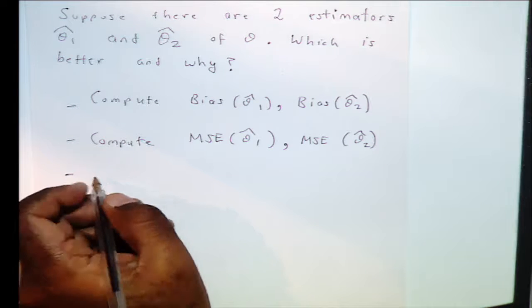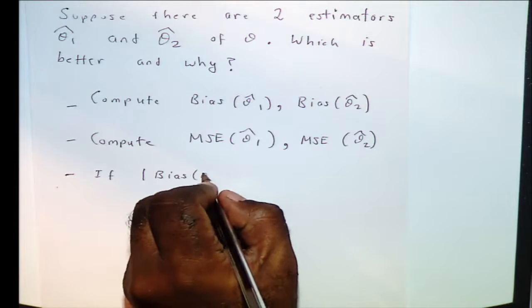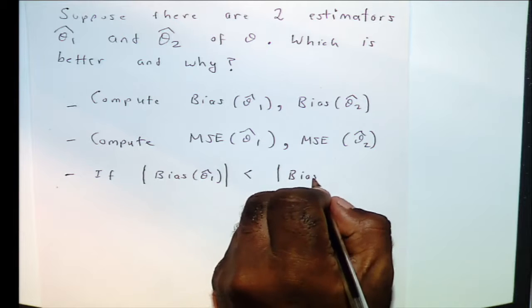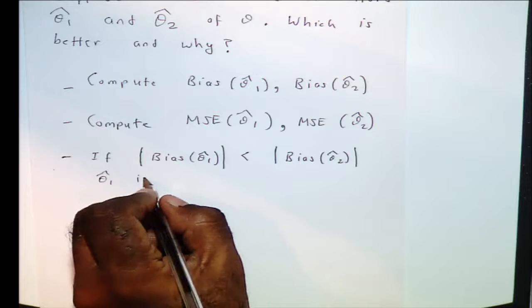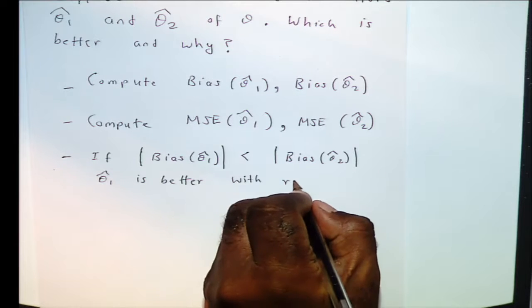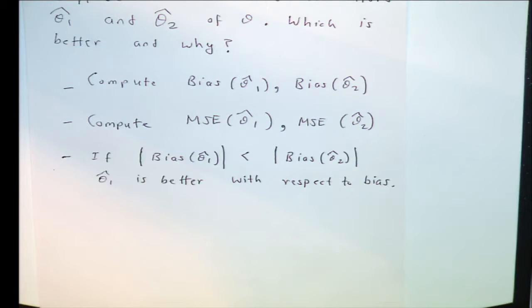And then say, if the absolute value of the bias of theta 1 hat is less than the absolute value of the bias of theta 2 hat, then you will say that theta 1 hat is a better estimator with respect to bias.